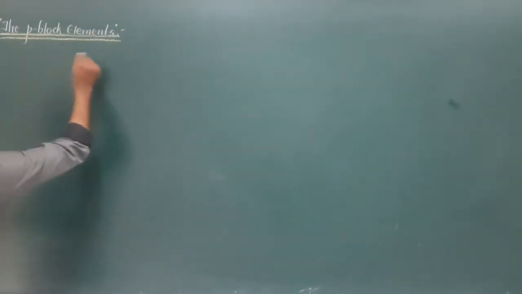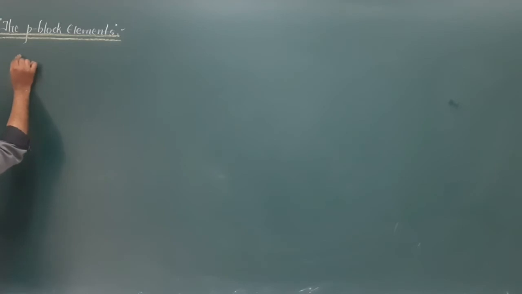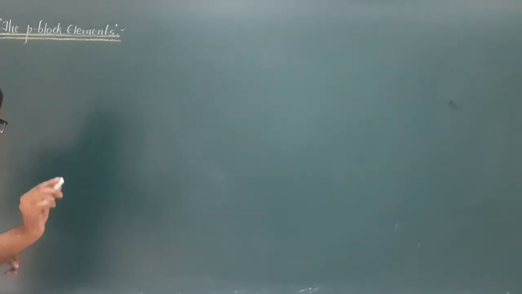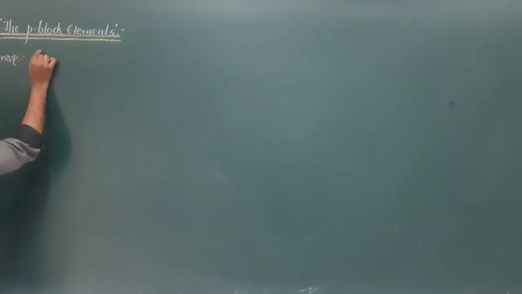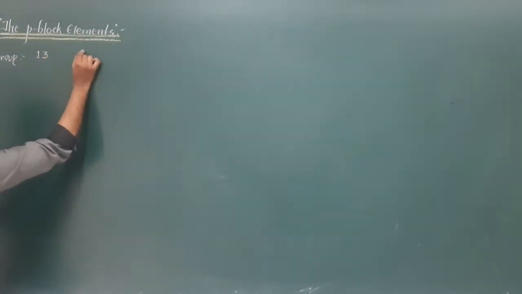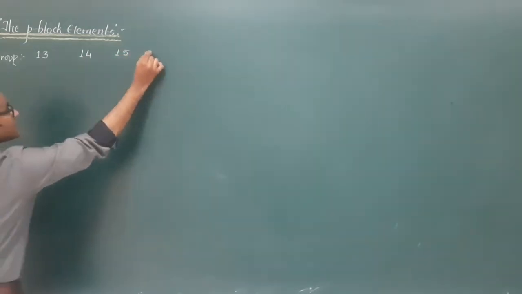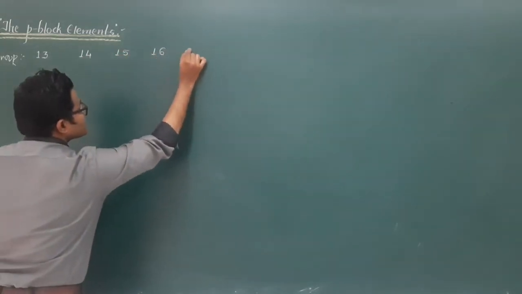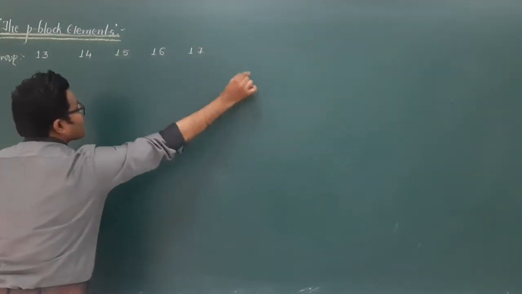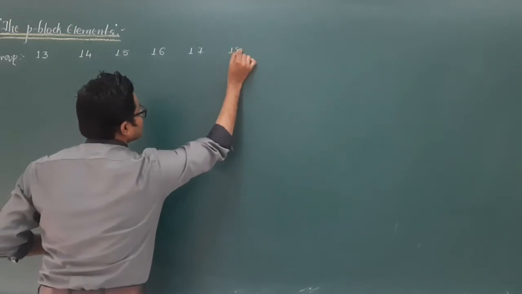Okay, as we take a look into the p block elements, the p block is categorized into 6 different groups, right? The groups start with group number 13, 14, 15, 16, 17, and finally 18.